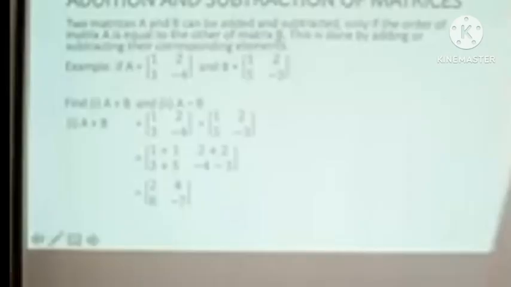Next is the basic operations under matrices. We are to start with addition and subtraction of matrices. Under addition, we said 2 matrices A and B can be added or subtracted if they are in the same order. That is, if the number of rows is the same as the number of columns.